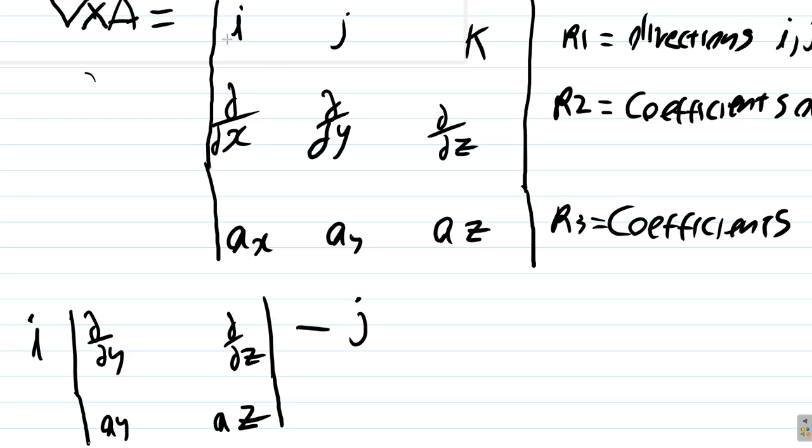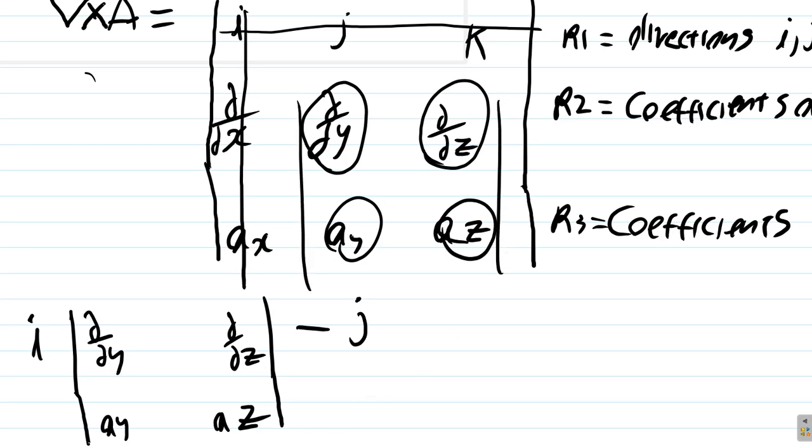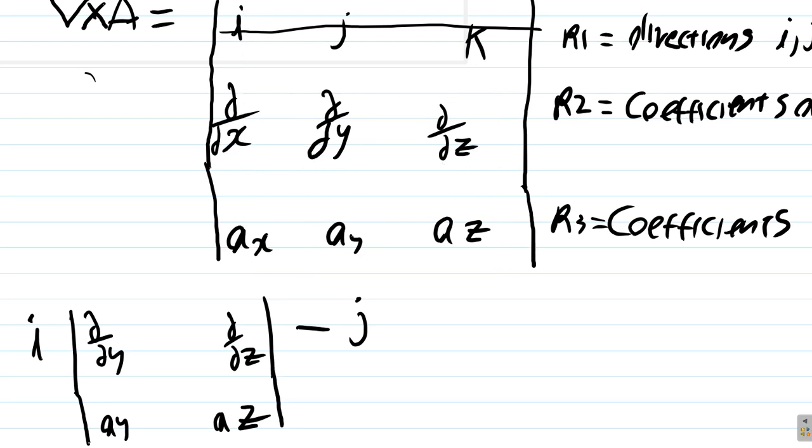That's what you see after you cover the row and column with i. That is the 2 by 2 determinant there. Minus, then when you cover the row and column with j, what do you see?